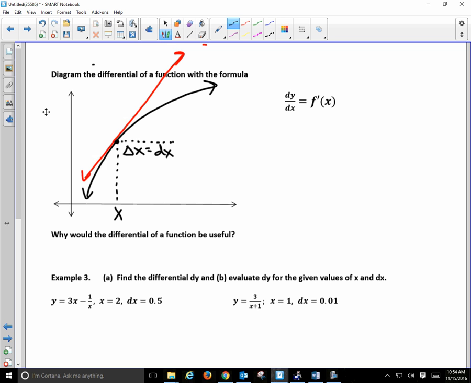Delta x and delta y refer to the change in the function. I'll say it one more time: delta x and delta y refer to the change in the function. Dx and dy refer to the change in the derivative value.